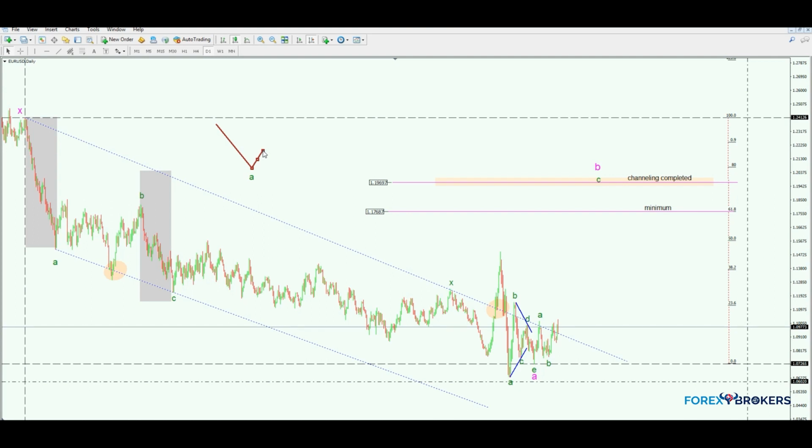If this pullback then is followed by another impulsive move like this, then it becomes clear that the market didn't form a triangle, but the market forms a zigzag. Because the B wave is unable to retrace more than 61.8 of wave A, it implies that this is a zigzag.